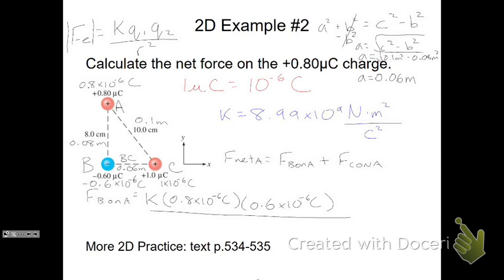I am leaving the negatives out because I'm going to analyze it after. Remember this is an absolute value formula. Divided by our separation distance, which is 0.08 meters. Don't forget to square that. I got 0.67425 newtons. And what do we have here? Attraction or repulsion? That's attraction. Very good. Positive and negative. Good.